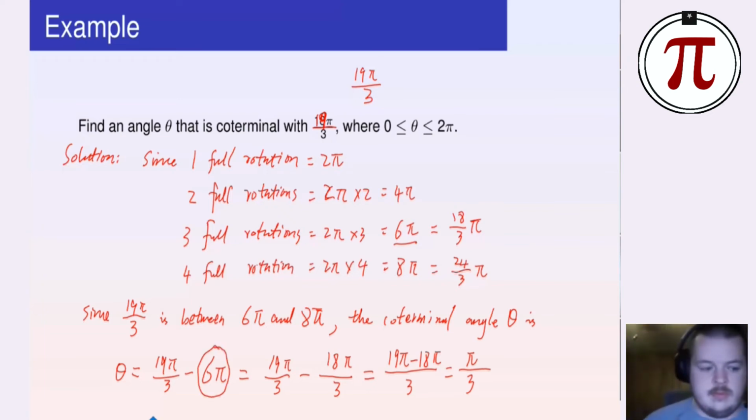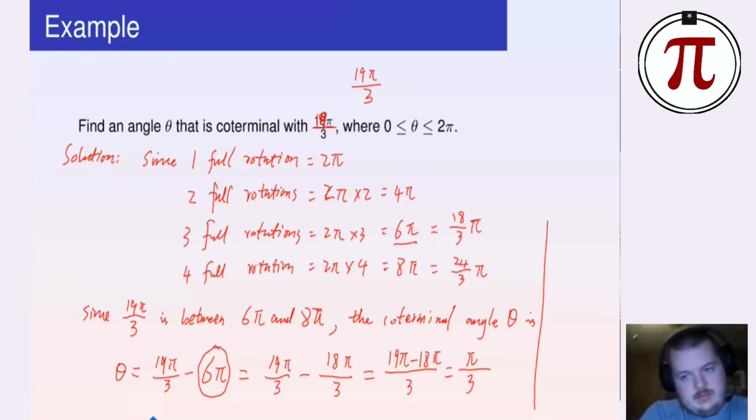What I did is, since this is 19 pi over 3 minus 6 pi, I want to put them with the same denominator, right? Because here it is 19 over 3, I want to change this 6 pi into something like this, which is the same as 6 pi times 3 over 3. Is that right?